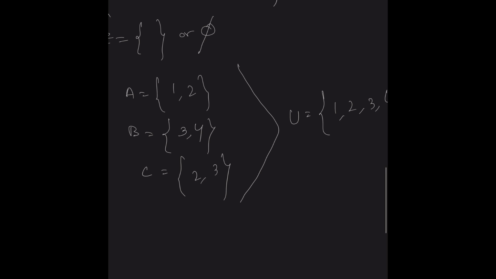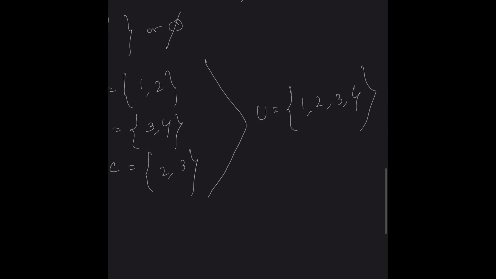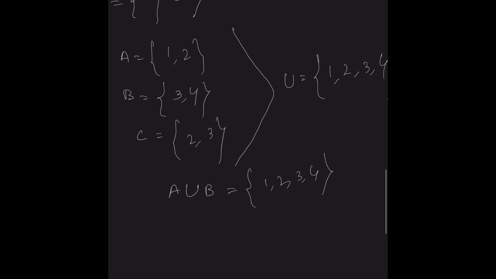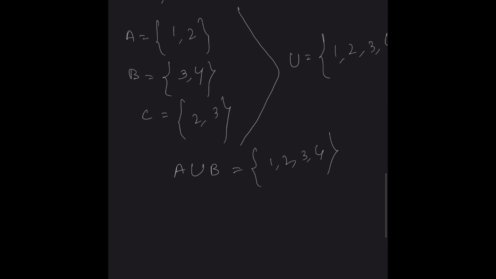So if we were to add set A and set B and get a set where all the elements of A and B are present, we can define this new set as A union B. Also, there's another term called intersection set.